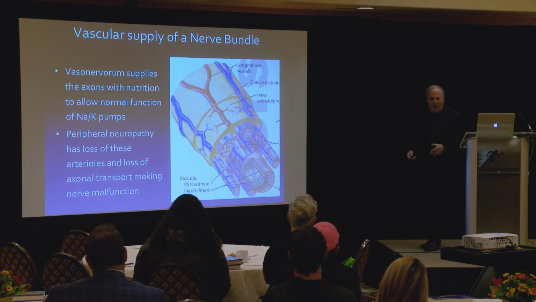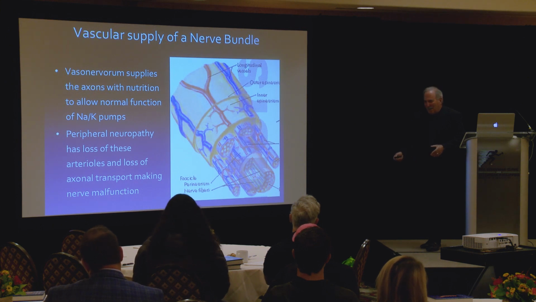All these things require energy, and all this energy comes from ATP, from delivery of glucose along the blood vessel. So what happens if you start to infarct these blood vessels? What happens to the nerve? It starts to malfunction. It doesn't necessarily die, but it malfunctions. So people who come into your office with peripheral neuropathy are having slow loss of these arterioles and venules, and they start to develop symptoms because the nerve is not functioning right.